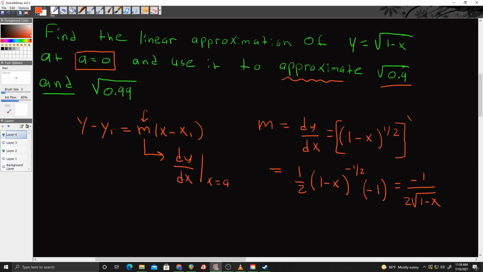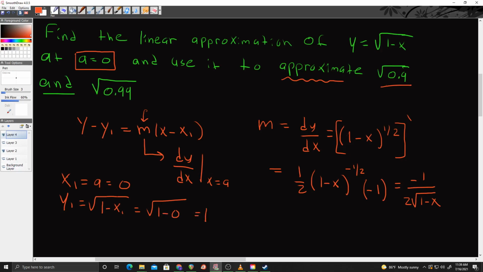Let's back up for a second. Here a equals 0, so let us use that. That's basically x1. So x1 equals a equals 0. Therefore y1 is going to equal the square root of 1 minus x1, which is going to be the square root of 1 minus 0. And of course, that's just going to be 1.